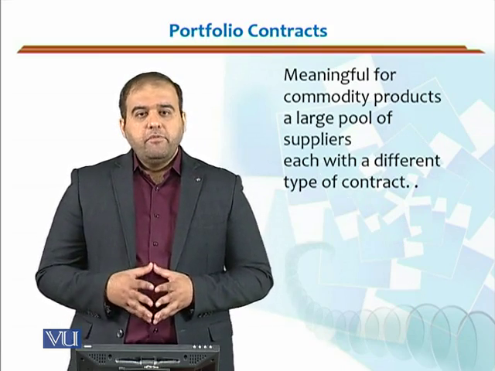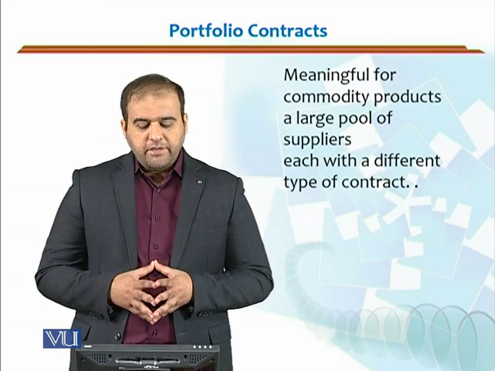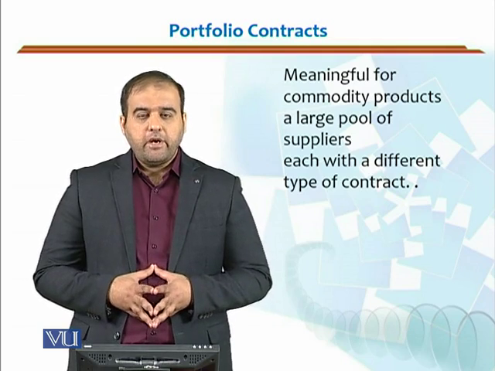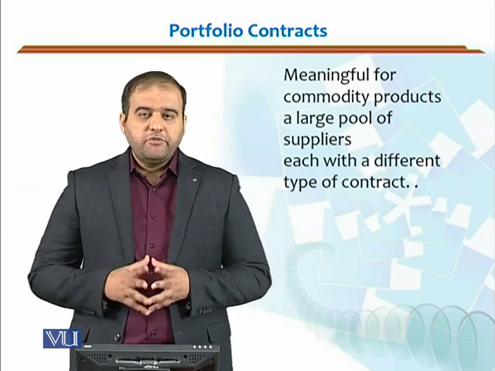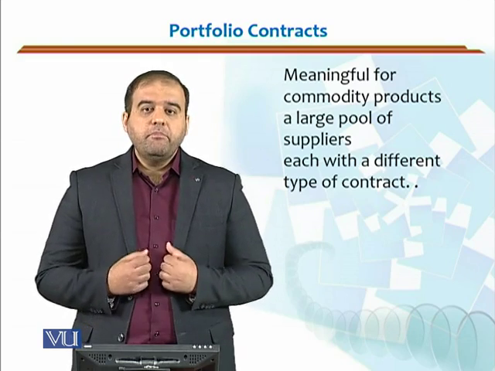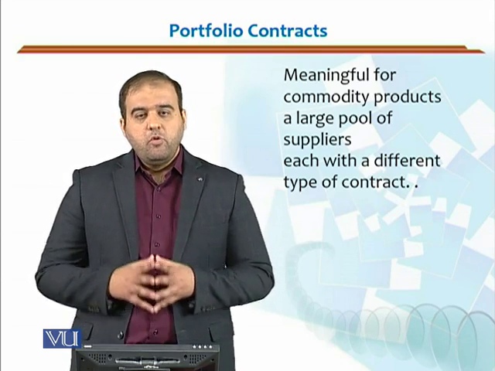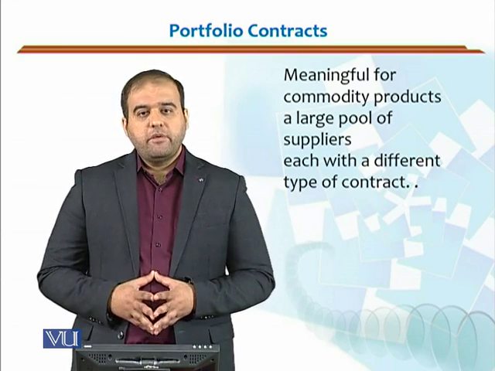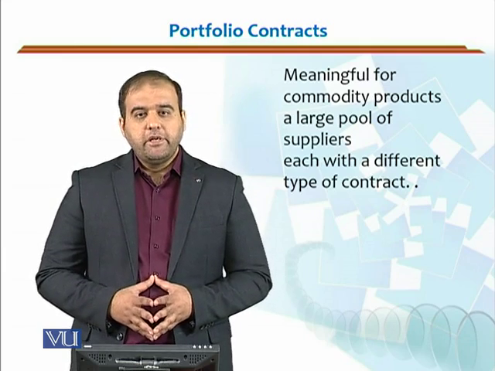It is meaningful for commodity products, a large pool of suppliers, each with different type of contracts. So here, the situation is such that there would be competing manufacturers actually who wanted to give their product, which is a commodity product, to the retailer.